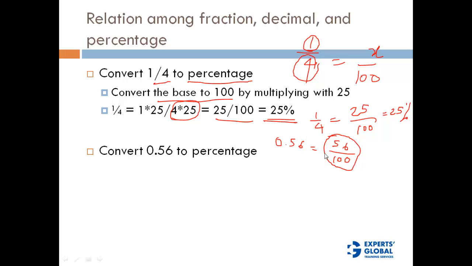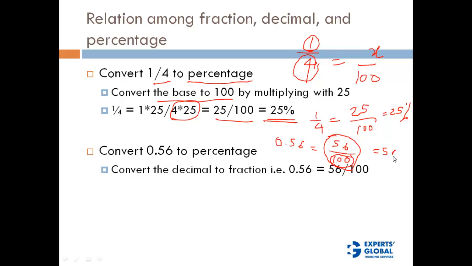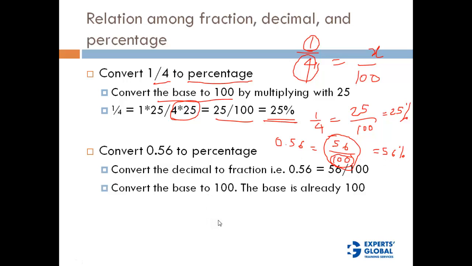We get the base 100. The base is already 100. So 56 by 100 is 56%. Correct? So 0.56 is equal to 56 by 100, which is 56%. So this is how we convert decimals and fractions into percentages.